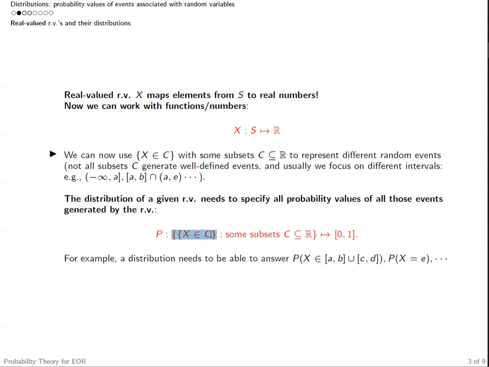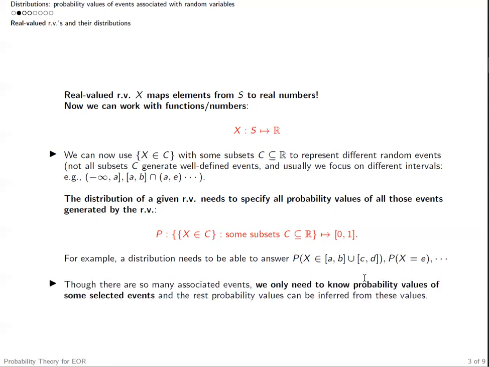For example, it needs to be able to answer: what are the probability values of the event, for example, X equal to e? What are the possible values of an event X in such a union of intervals? There are so many associated events.